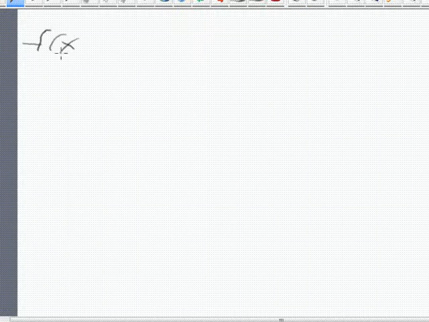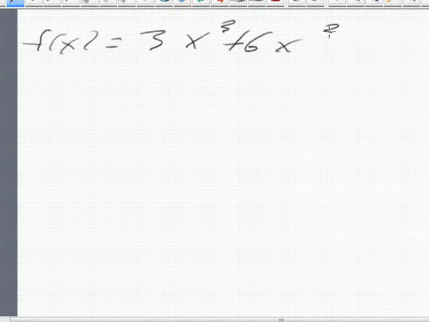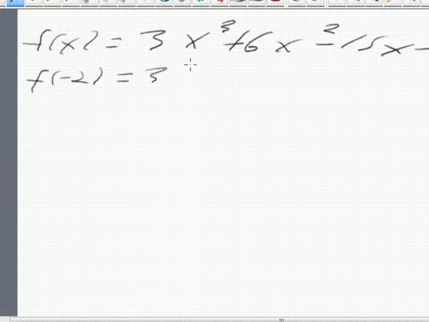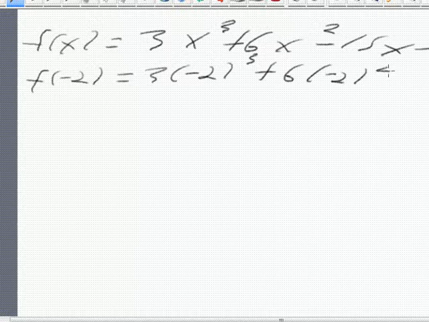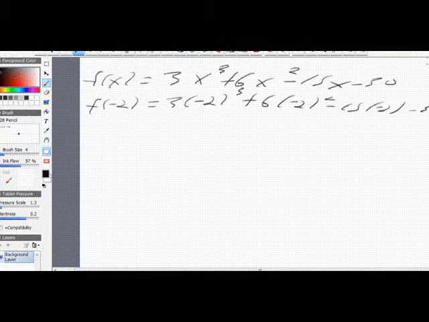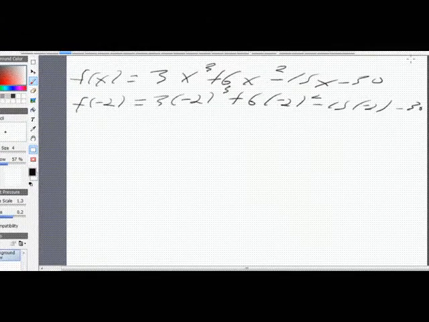F of x equals 3x cubed plus 6x squared minus 15x minus 30. Let's try minus 2. 3 times minus 2 cubed plus 6 times minus 2 squared minus 15 times minus 2 minus 30. I need to pull this screen over a little bit. I don't think you can see it.